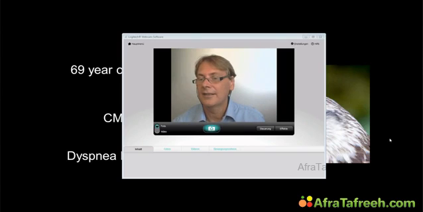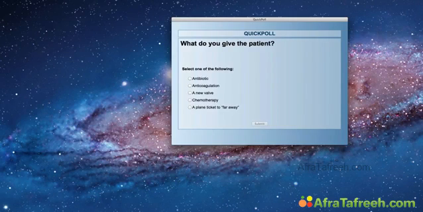So the question now is, what do you give the patient? An antibiotic, anticoagulation, a new valve, chemotherapy, or you just send him off to someone else who should take care of him and just put him on a plane.